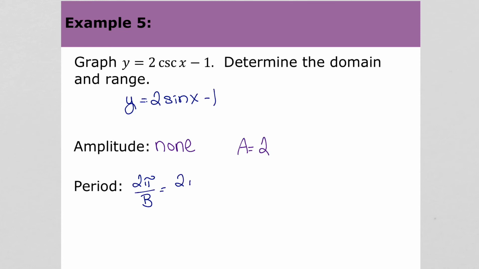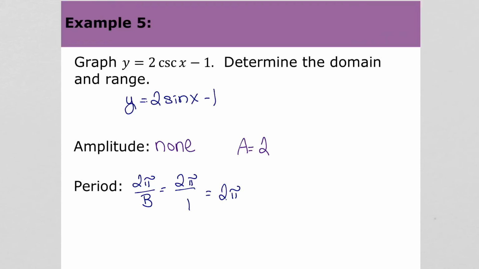So we've got 2 pi over, and b is just 1. So the period here is just 2 pi. The vertical shift, there is a vertical shift of 1, and it's negative 1, so down 1.